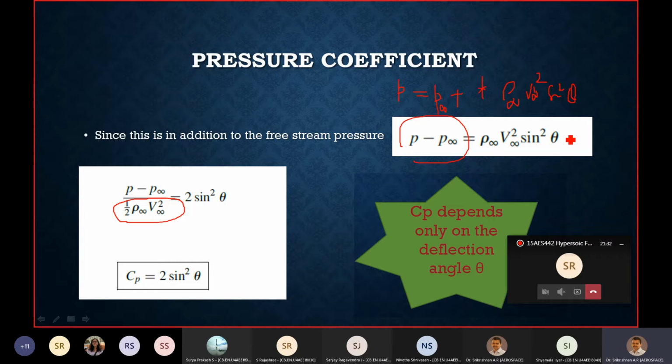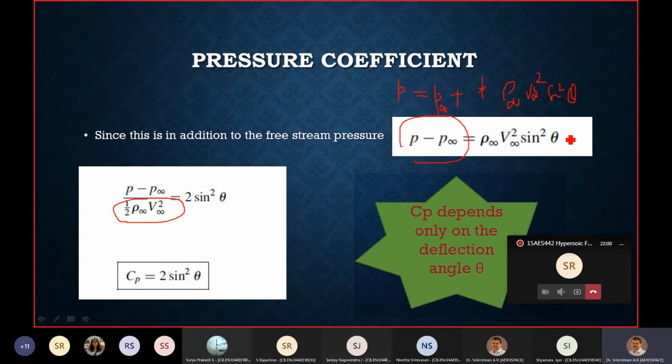Please keep in mind, we are not talking about the pressure; we are talking about the non-dimensional parameter, with the division by half rho V squared. So the non-dimensional parameter CP depends only on theta. It doesn't depend on the free stream velocity.